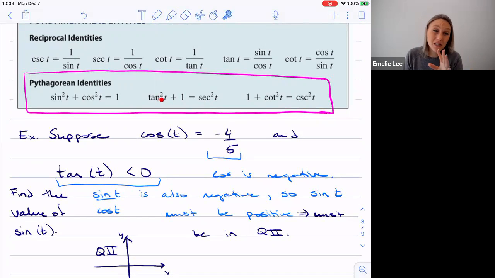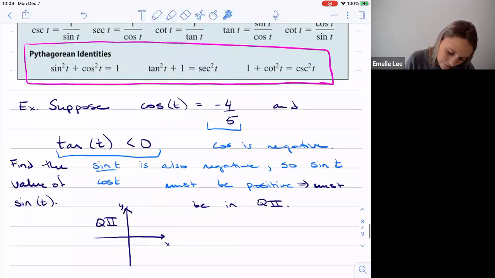So I could do something there, but it seems like a lot of work, right? And I could do something even worse here, but this is my easiest identity. So if I want to find a sine, and I have a cosine, I look for the identity that has the most of my players. Sine squared plus cos squared equals 1 should do the trick.